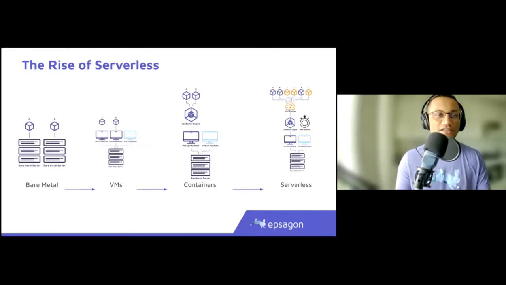But over the years, we have seen this cycle reduced by quite a bit. So we saw the rise of virtual machines. Then we saw the rise of containers and Kubernetes. And finally, we are here in the serverless world. As you can see, from left to right, the application has gone farther and farther away from the actual hardware or bare metal. This is an important point to note, as it will come up in the upcoming slides.